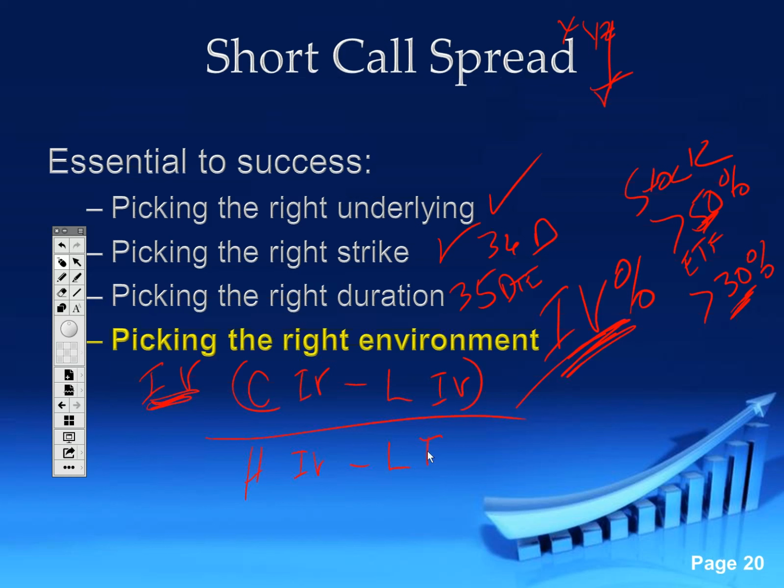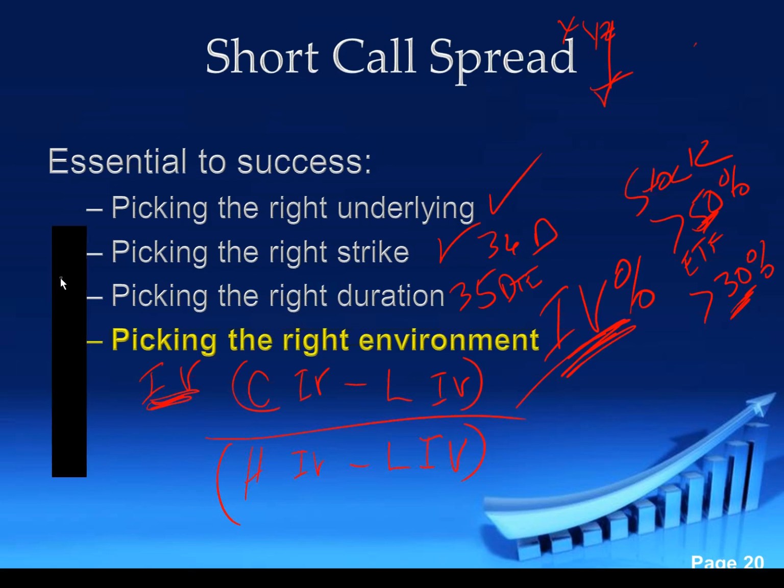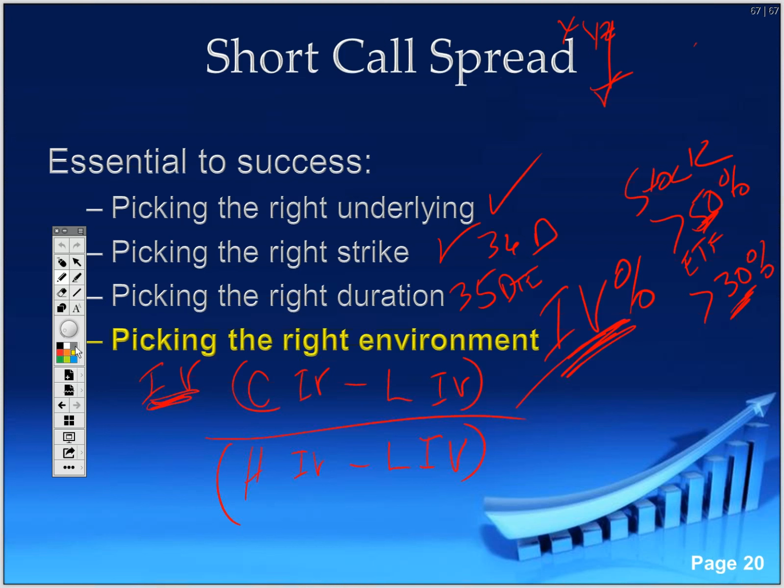And listen, you don't have to get it exact. If it came in at something between, let's just say, 42 to 50, that would be one of your yellow lights. You would have to expect volatility to be going down or coming out of it further in order to do this.